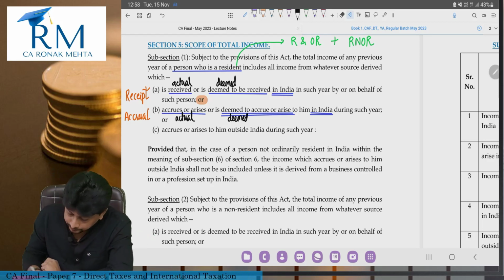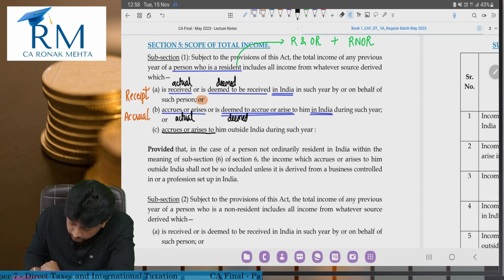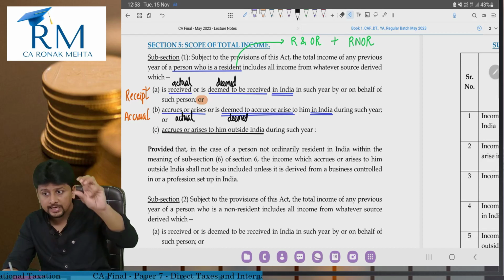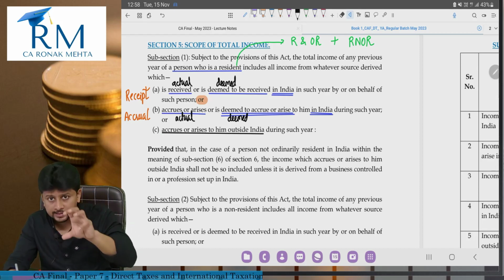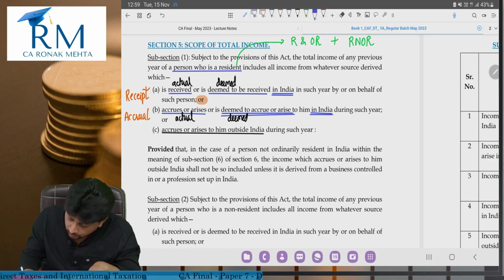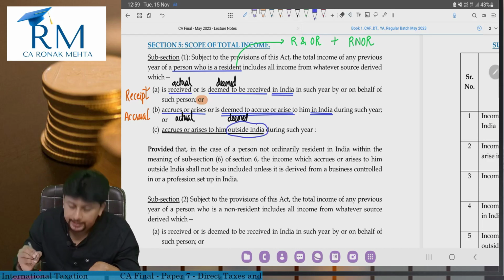Third, accrues or arises to him outside India. In points A and B we were talking about things in India, and in point C we are talking about outside India.